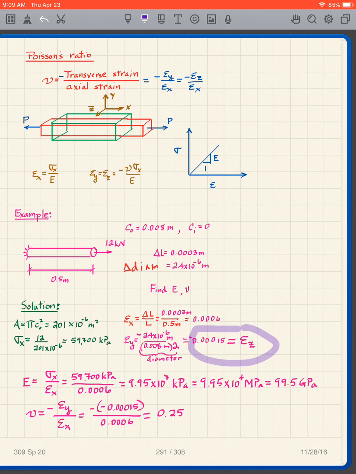So we get the strain is negative 0.00015. And so our Young's modulus is sigma over epsilon. We plug in that number and we get the Young's modulus is 99.5 gigapascals.